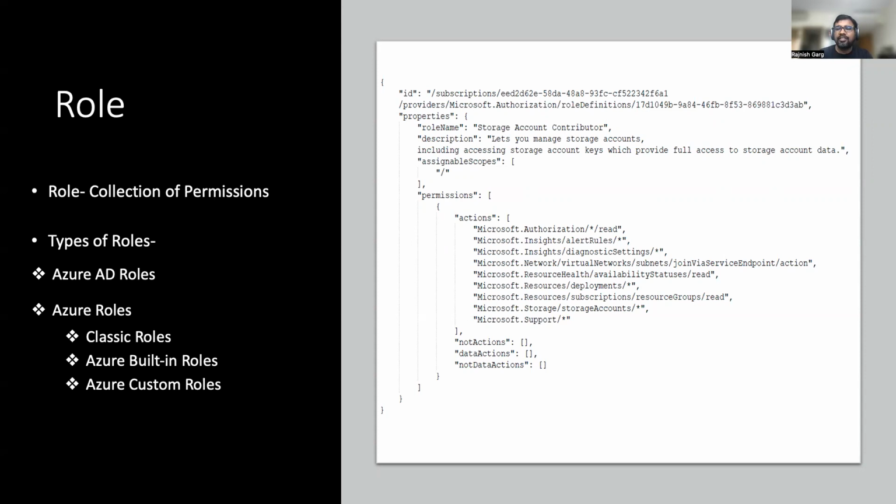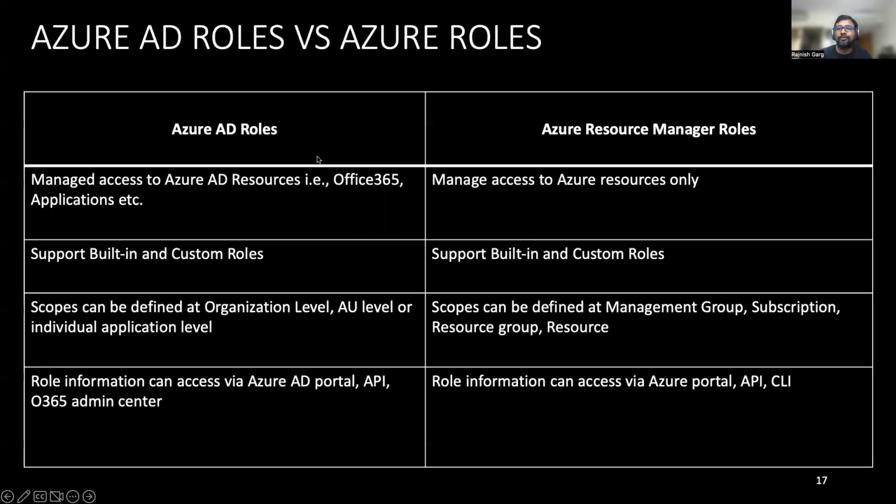To put everything into perspective, this is how the Microsoft Azure roles are going to look. Again, it's JSON, and you will see four different fields: actions, not actions, data actions, and not data actions. Again, we will talk in a lot more detail about what this is all about.